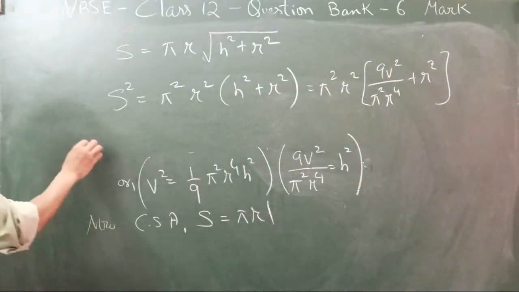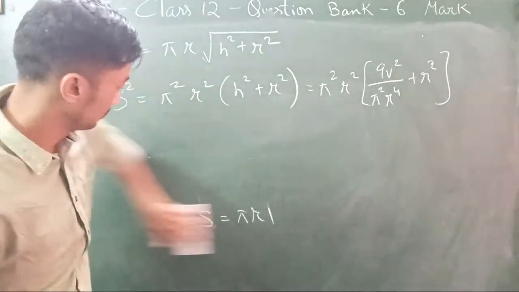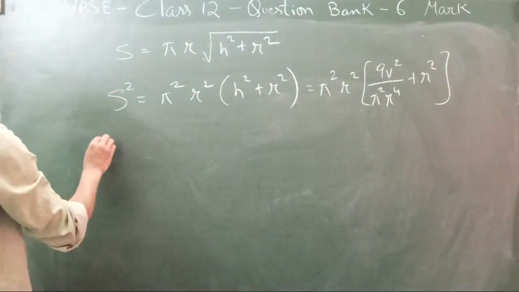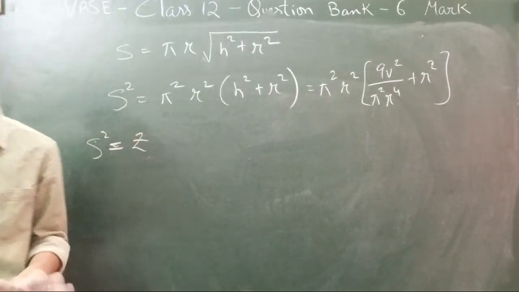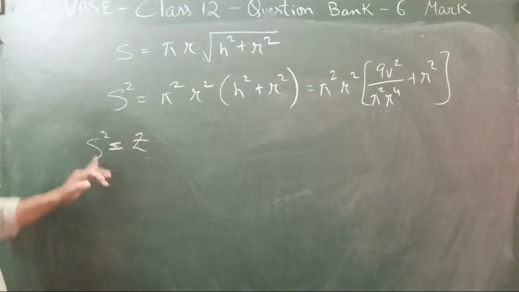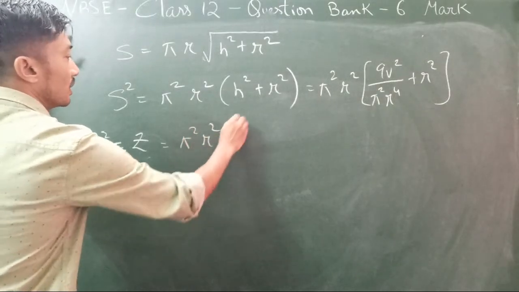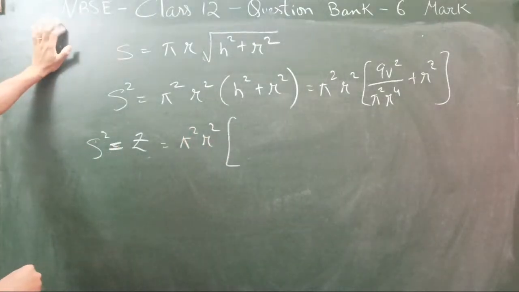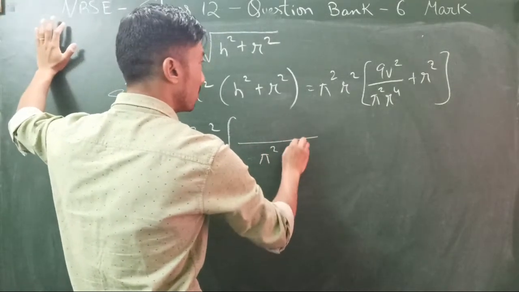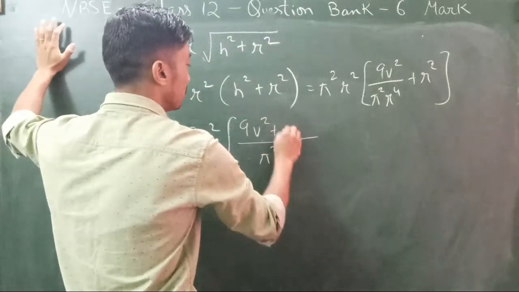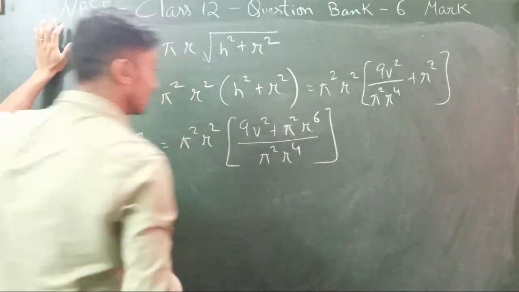So we will assume S square to be another constant, let's say Z, doesn't matter, okay? We will just assume S square to be Z, so that's equal to pi square R square. We can just take the LCM, and since pi square R power 4, 9V square plus R, pi square R power 6.